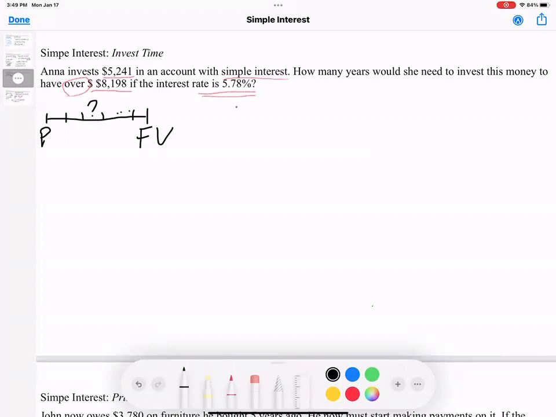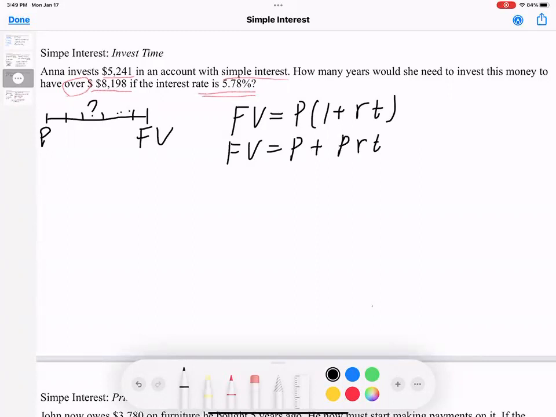The formula we have is: the future value equals the principal times 1 plus rate times time. When we expand that, we actually get the principal plus the amount of interest.